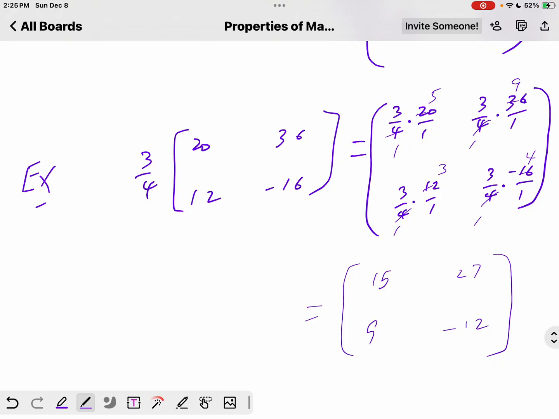The last one is how we multiply matrices. Third objective: matrix multiplication.